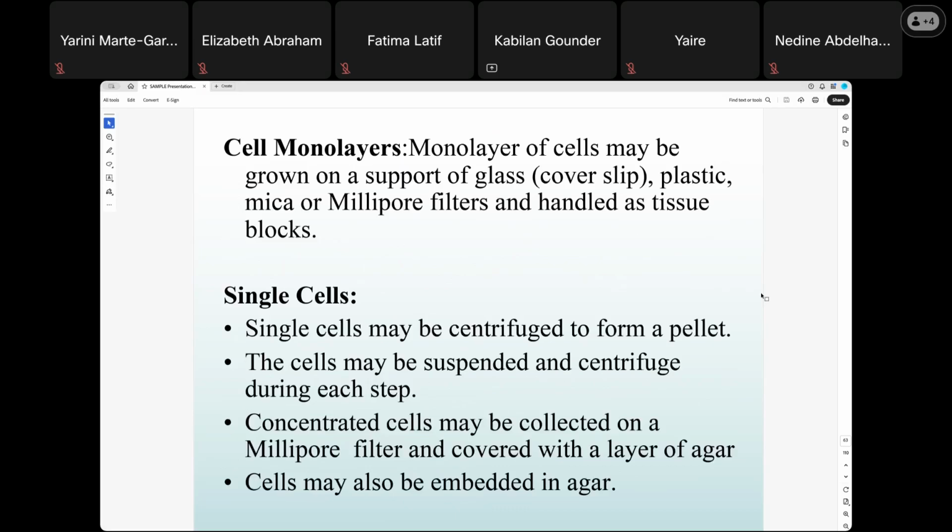Also, we already discussed monolayers, single cells like bacteria or spores, if you want to process your samples. If it is a tissue, you can just use forceps to transfer it from one tube to another tube. Whereas with spores, bacteria, fungus, or single cells, how do you transfer from one tube to another after the process is done?